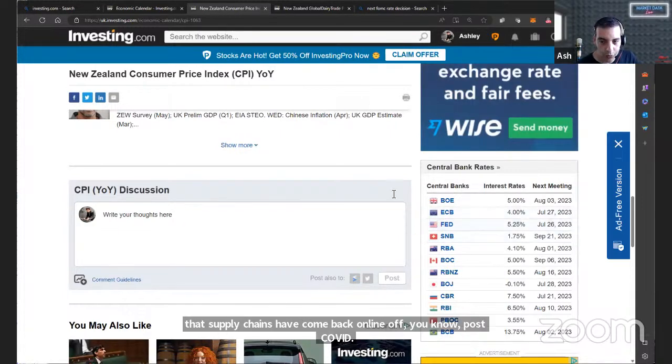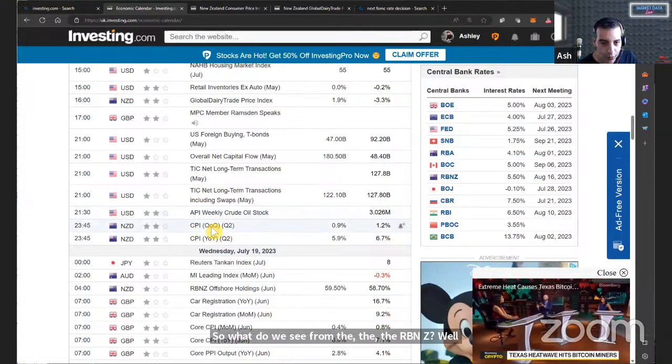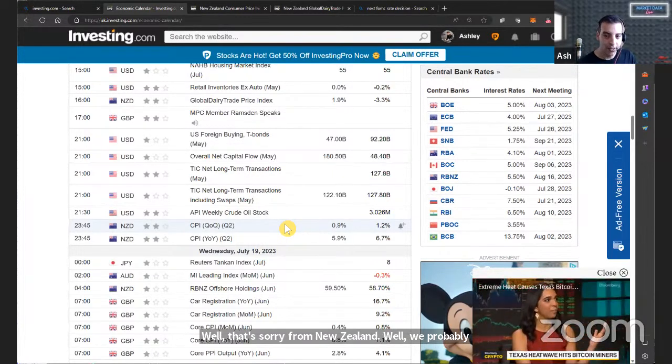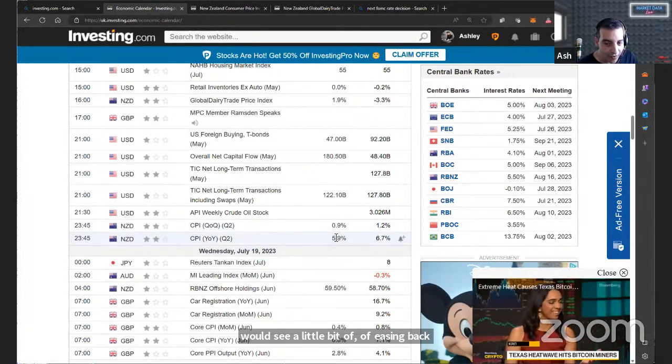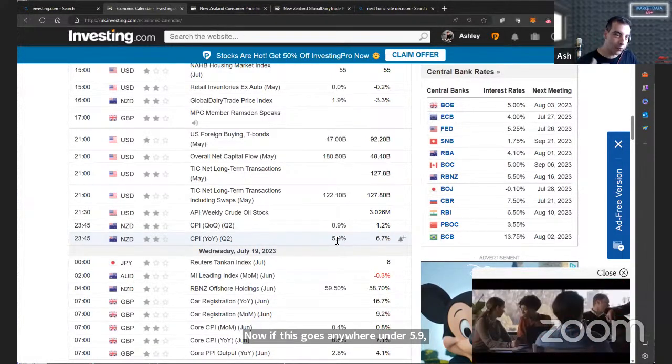So what do we see from New Zealand? Well, we probably would see a little bit of easing back with inflation. Now, if this goes anywhere under 5.9, that is going to be negative for the Kiwi. Anything above is probably going to be positive.